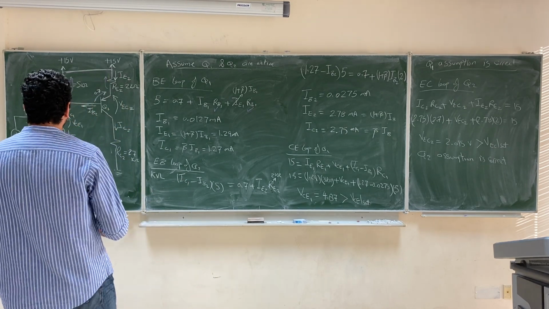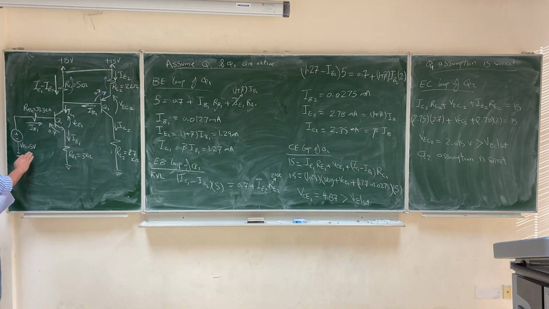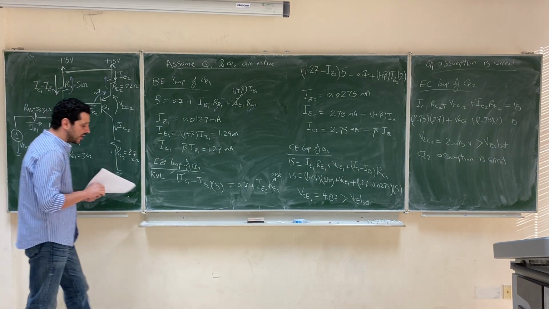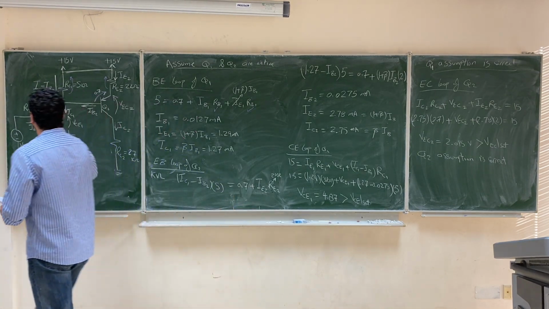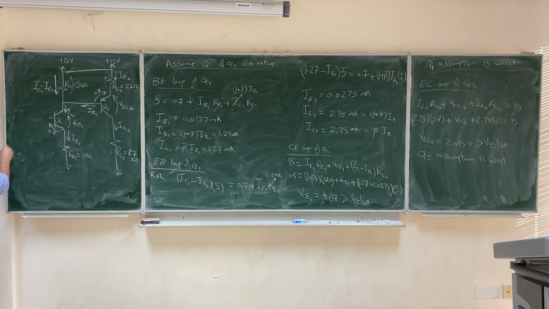We can also go back and calculate the currents and voltages of the original circuit, which we replaced with the Thevenin equivalent.